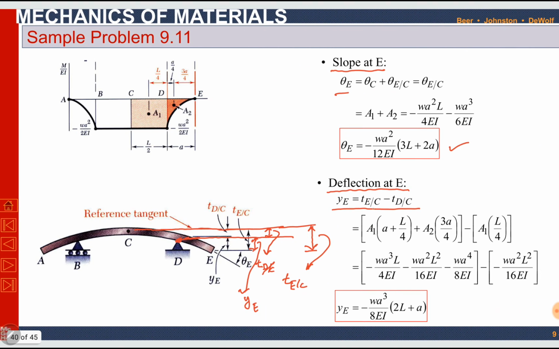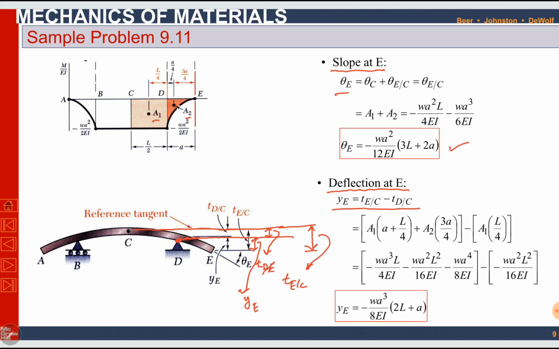In this case, we have TEC. So TEC is area under the curve between E and C multiplied by distance from first point E to the centroid of the area. So we can see between E and C we have two areas, A1 and A2. Both these areas have their own centroids.